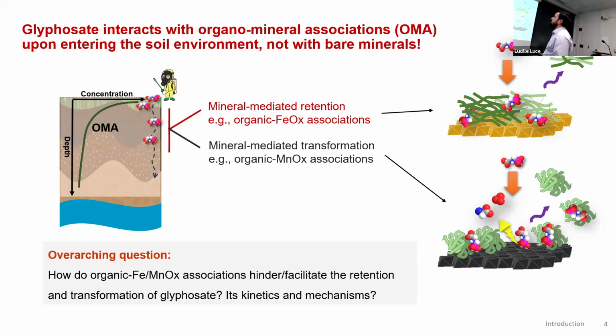Manganese oxide is very well known for transformation or oxidation of glyphosate, so it is a candidate for that study. And iron oxide selectively adsorbs organics and forms organo-mineral association, so it's a good representative to see glyphosate retention.